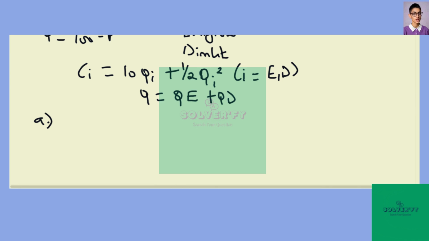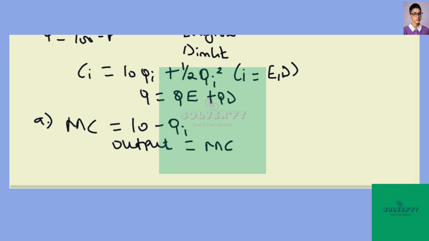In perfect competition, the price is equated with the marginal cost in the short run to calculate the level of output. So MC has to be equal to the price, and MC is going to be equal to 10 plus Qi. Output is determined where P equals MC, because the price has to be equal to the marginal cost in perfect competition.